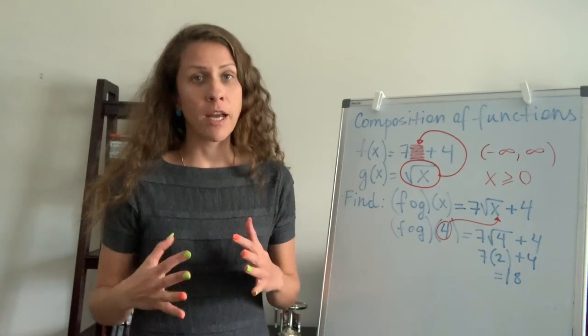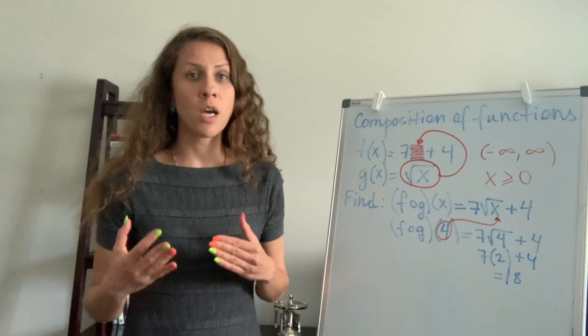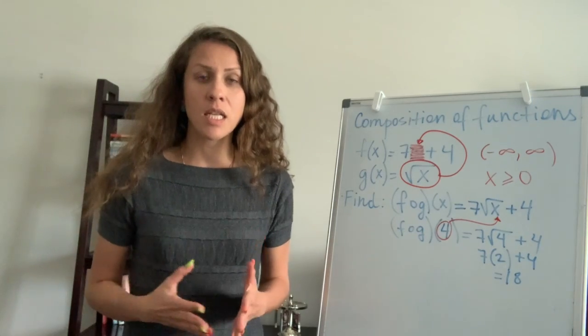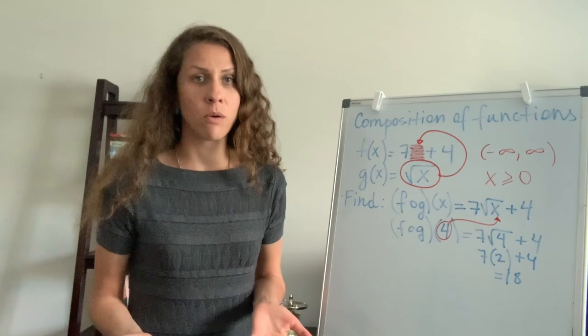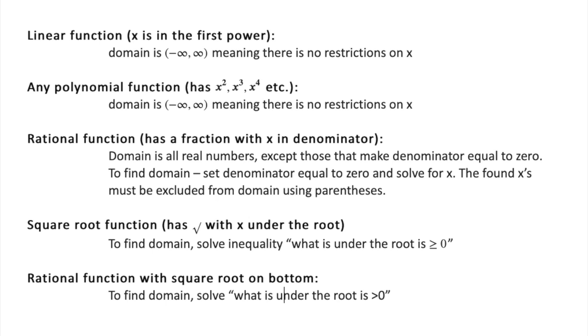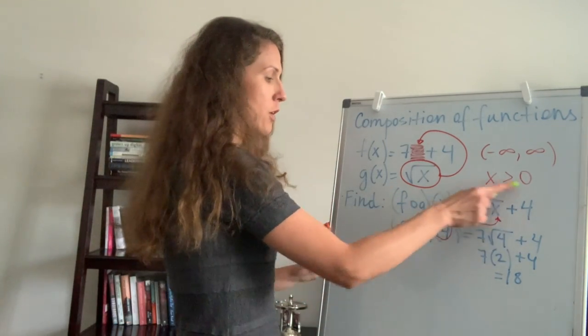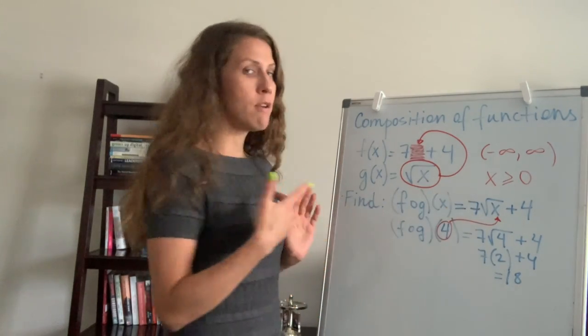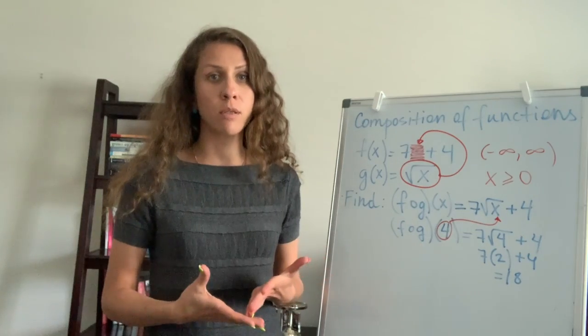With a fraction, you shouldn't have a 0 in the denominator, and with a square root function, you shouldn't have anything that's less than 0 under the square root, otherwise it becomes imaginary or complex. So we're going to look at our function here, f with g, and see if we have any of those things that may potentially place restrictions on x. And we do. We have a square root.